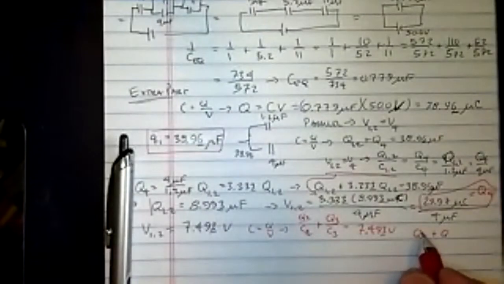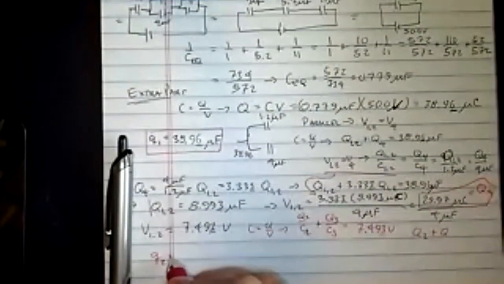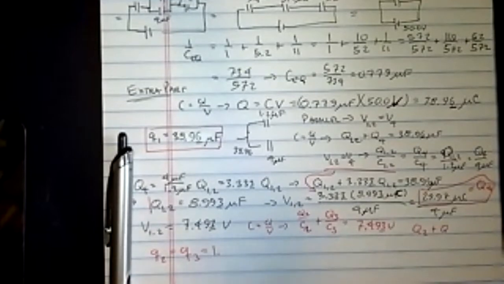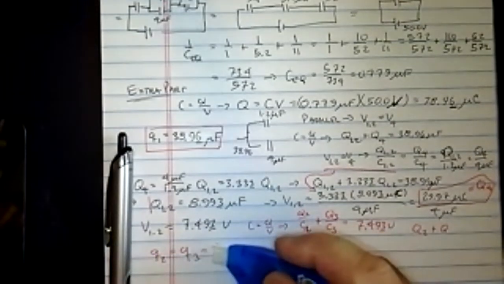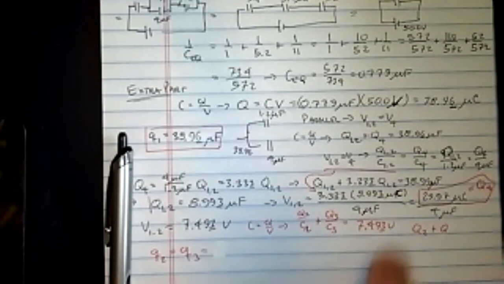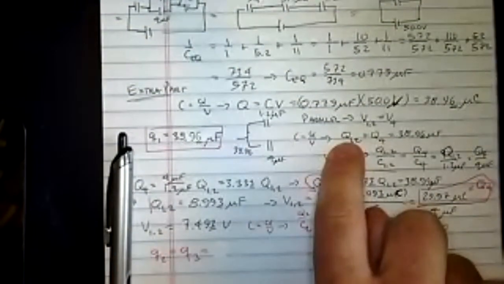So what I'm going to do is make sure that I'm right by this. And the way I'm going to do it is I'm going to say both of those, Q2 equals Q3 equals, what was the Q12? Equals 8 point, no, it can't be the same as that. It has to be what's left over, excuse me. Remember we said a certain amount of charge is going to go to the top leg and a certain amount of charge going to the bottom leg. The sum of those two had to be 38.96. I just figured out what went to Q12.